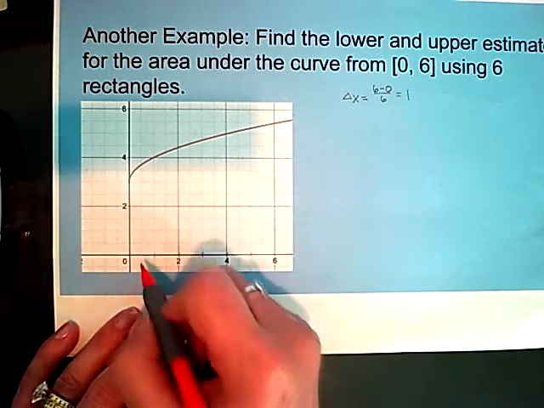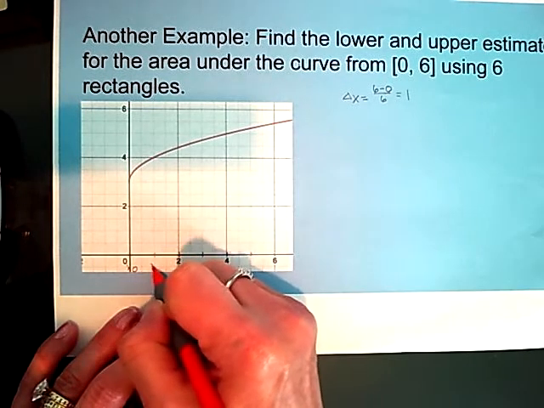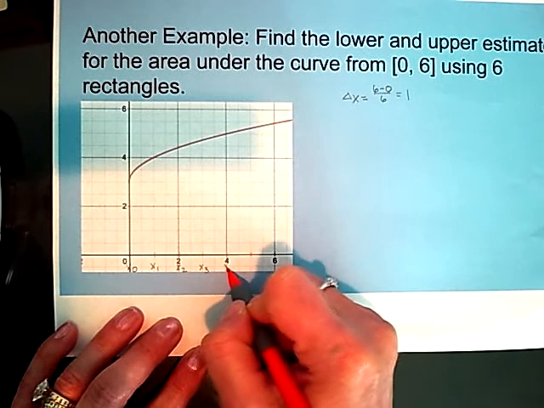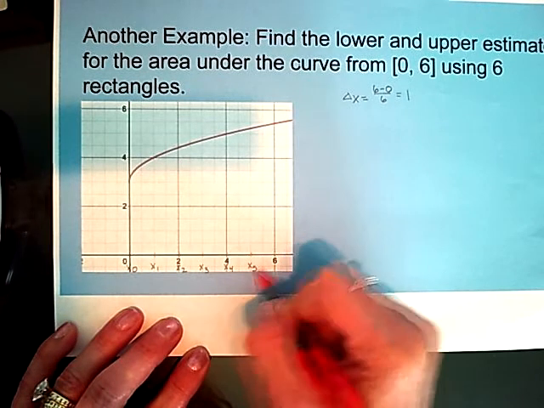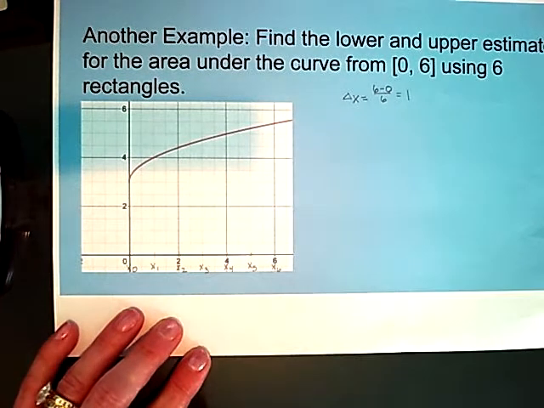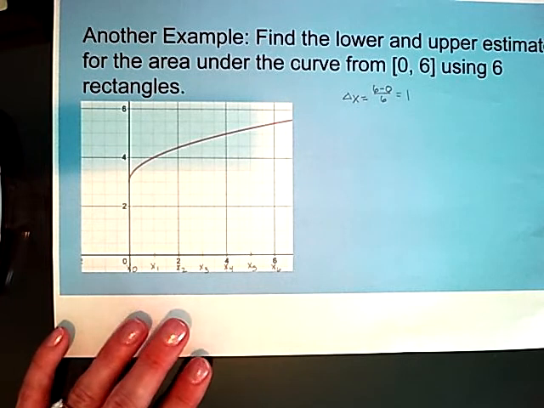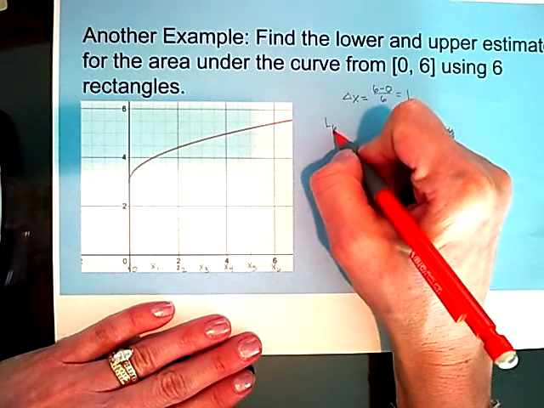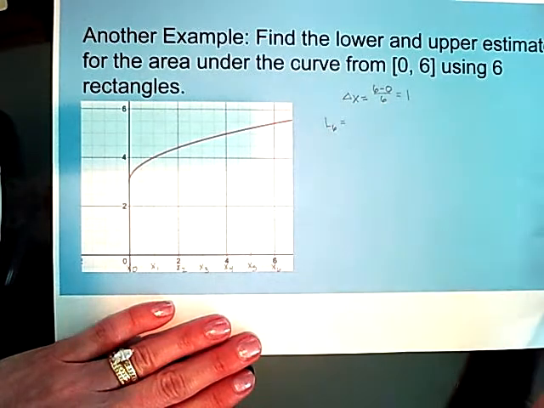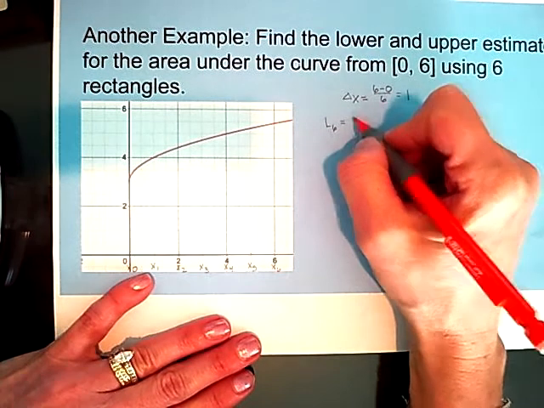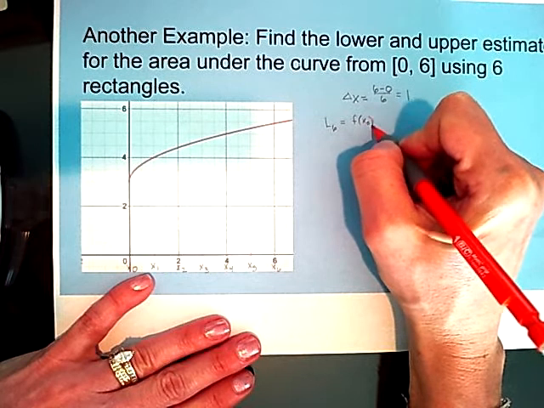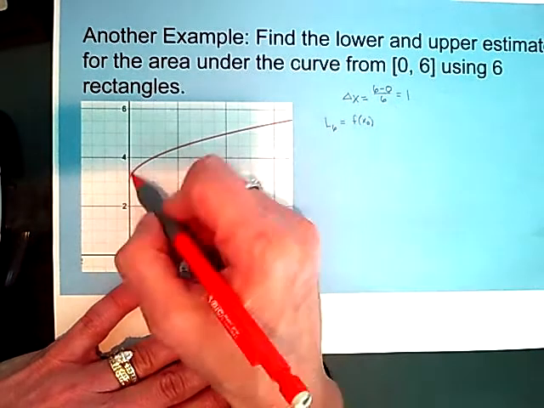All right, and I'm going to use my x sub 0 position, x sub 1, x sub 2, x sub 3, x sub 4, x sub 5, and x sub 6 positions. So I'm going to just start by doing the left-handed, breaking them up into 6 positions and seeing what that does for me. So what I'm looking for is what does x sub 0 give me, because that's my left position.